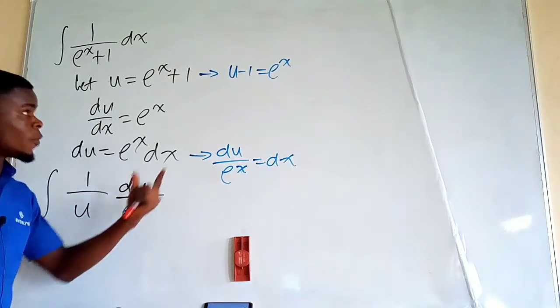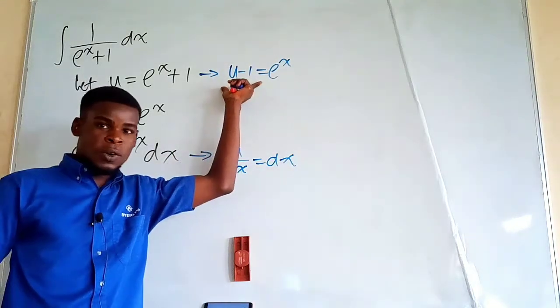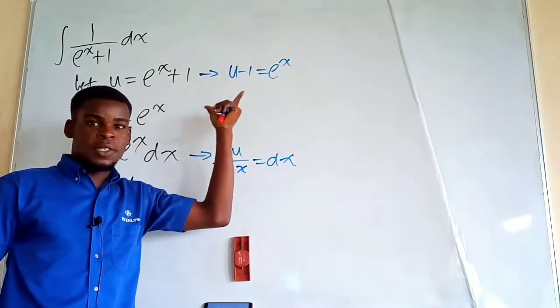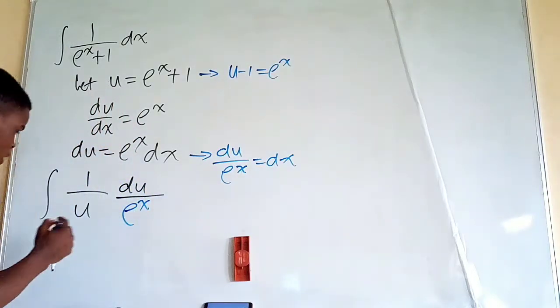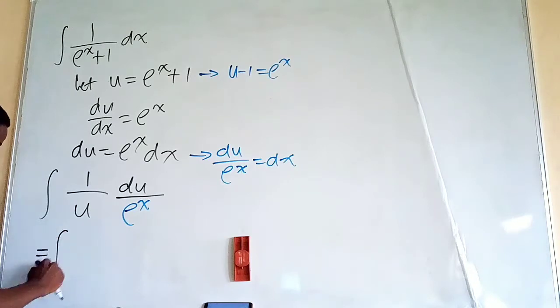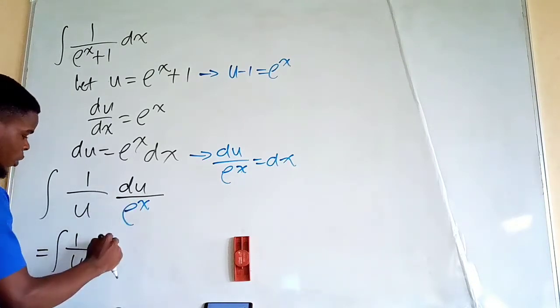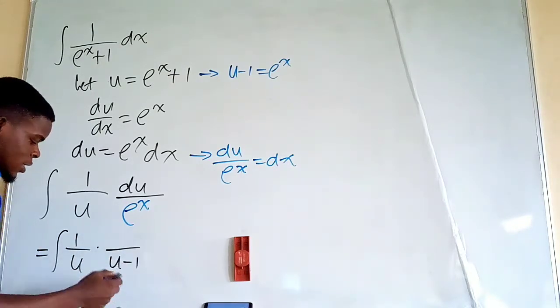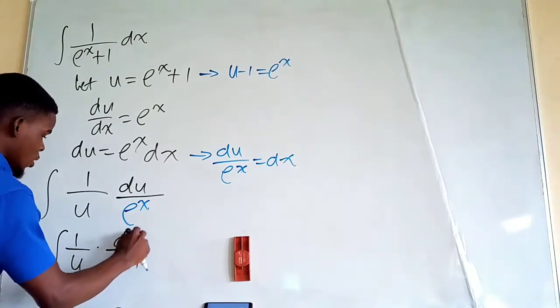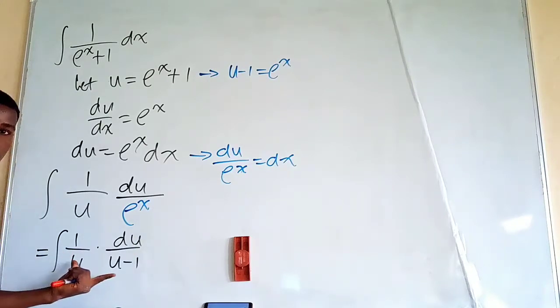So since e to the power of x is the same thing as u minus 1 only without the x, I can substitute that. I put u minus 1 in place of e to the power of x, and that will give us the integral of 1 over u times, now e to the power of x is just u minus 1, alright? Since it's in the denominator, we just put it down in the denominator. Okay, so we've reached this point.